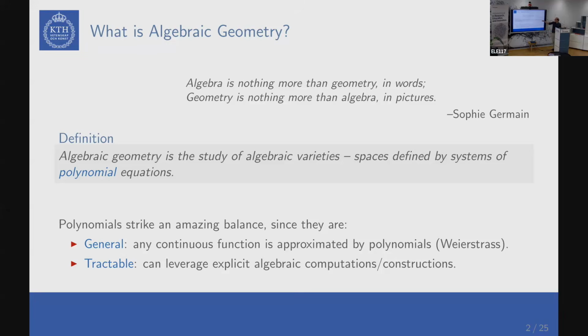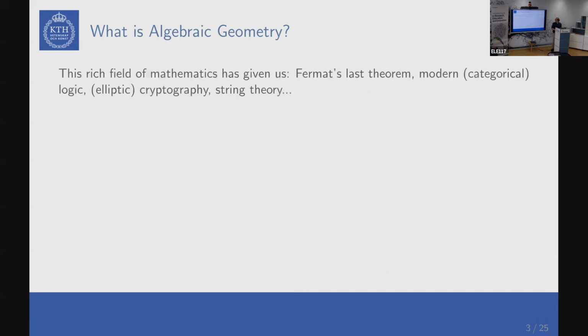But the fact that they are defined by polynomial equations makes all of this very tractable. That's where the word algebraic comes from. Polynomials are very explicit mathematical objects on which you can do explicit computations. And so algebraic geometry leverages this sweet spot between being tractable and being general.